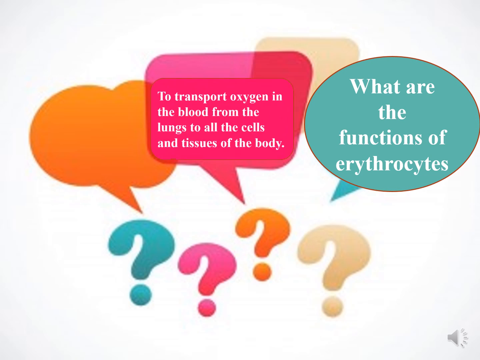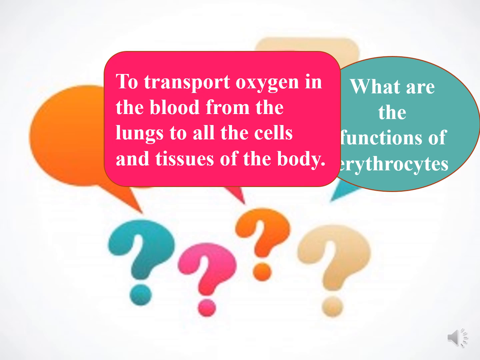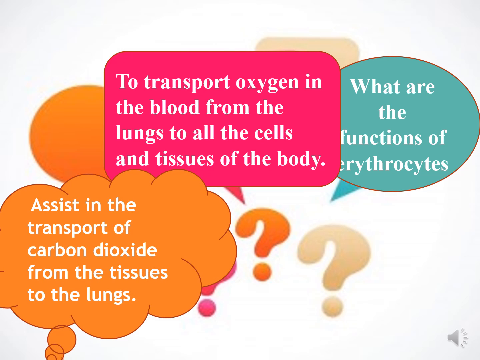The main function is to transport oxygen in the blood from the lungs to all the cells and tissues of the body. إذن الوظيفة الرئيسية للإريثروسايت هي نقل الأكسجين من خلال البلد من الرئة إلى مختلف أنحاء الجسم من خلايا وأنسجة. Also, it assists in the transport of carbon dioxide from the tissues to the lungs. وبنفس الوقت يقوم بنقل ثاني أكسيد كربون من مختلف الأنسجة بالجسم إلى الرئة.